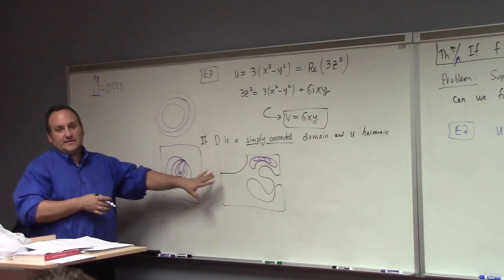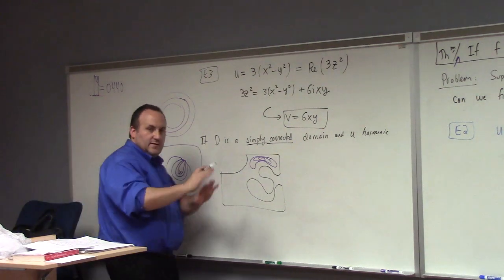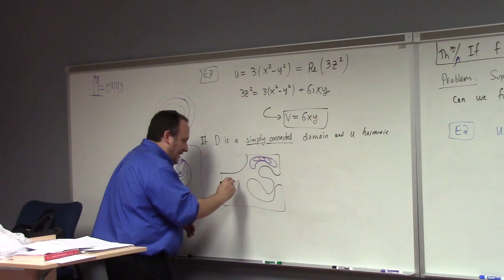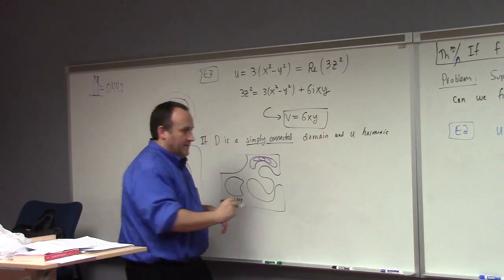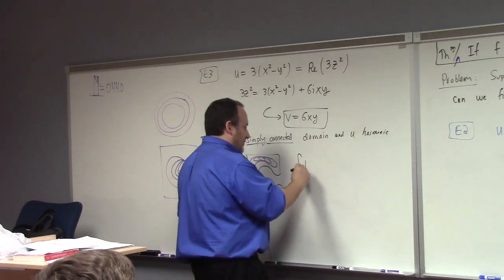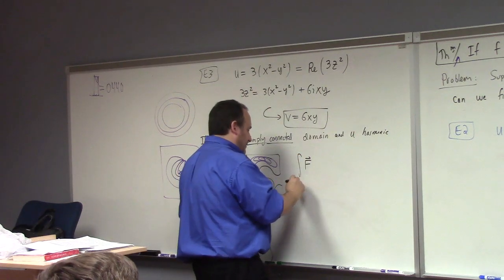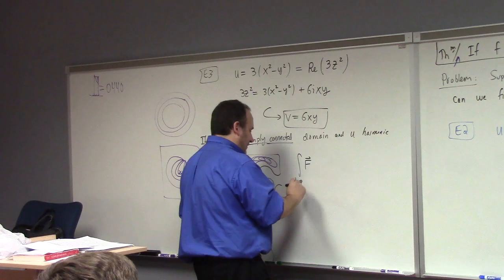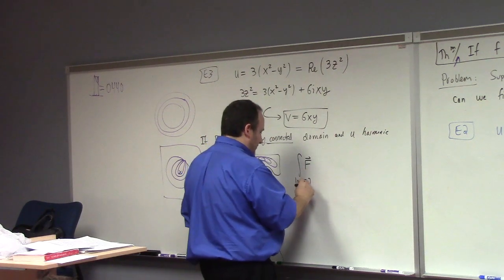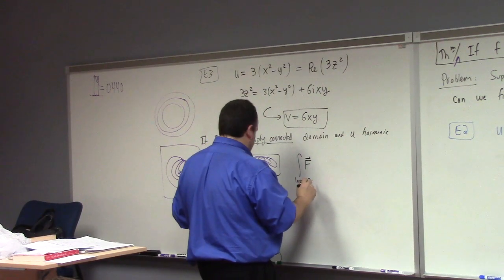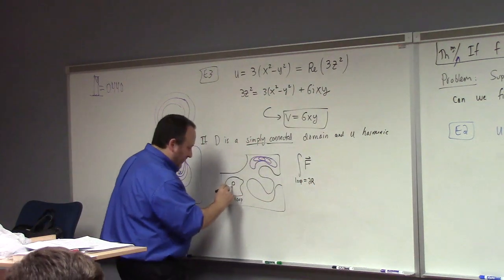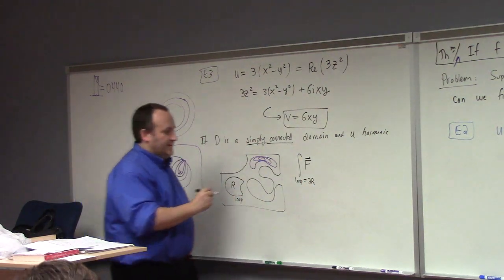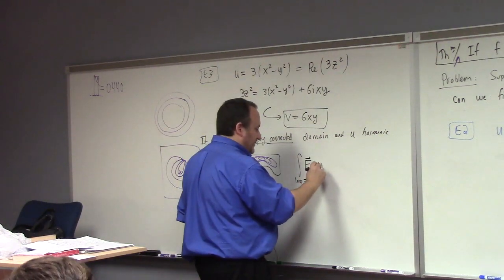All right. So simply connected domain. We take any loop you like in here. And if we look at the integral of the vector field we're looking at around the loop, let me say that loop is the boundary of this subregion here. I'll call it R. F dot dr. Then what can I do?